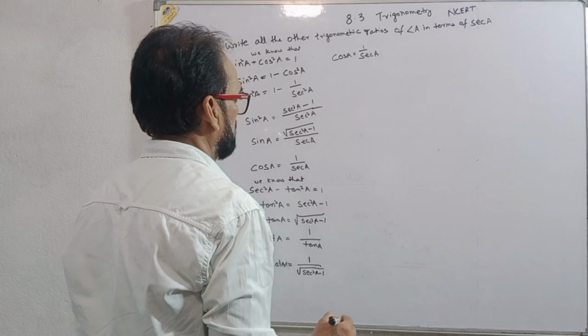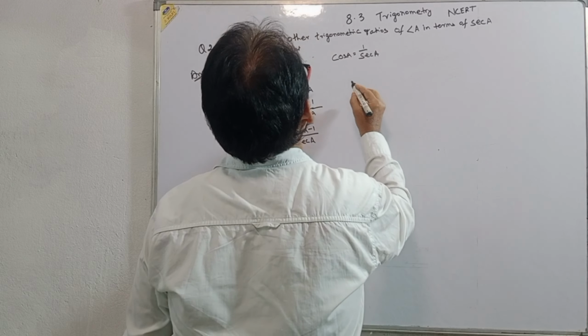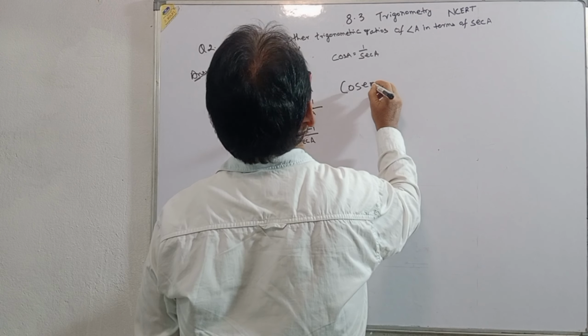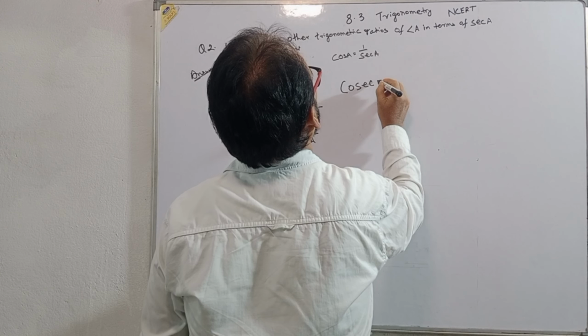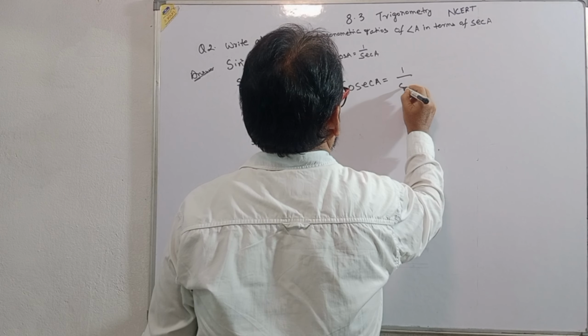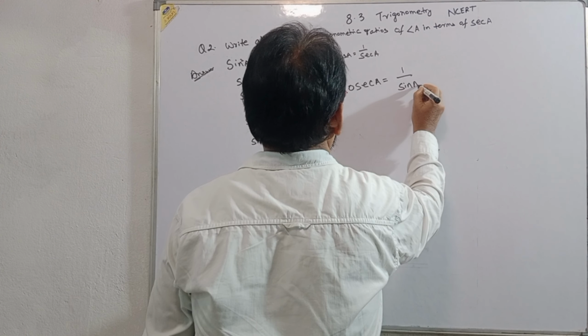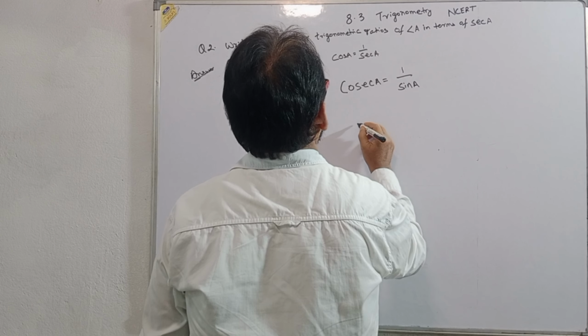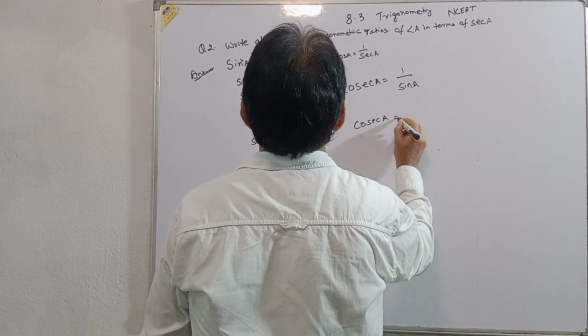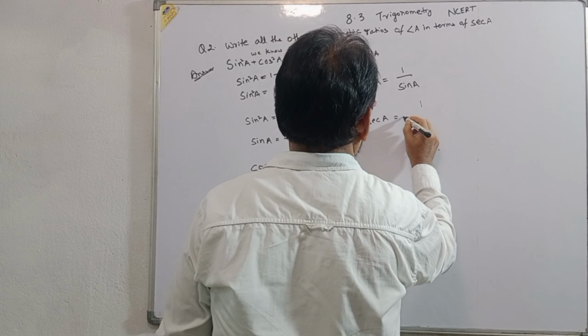And now cosec A equals 1 by sin A. The sin value is proved above.